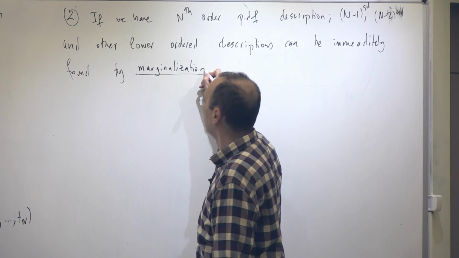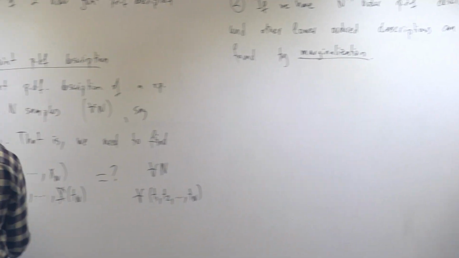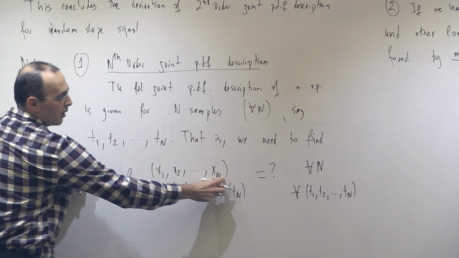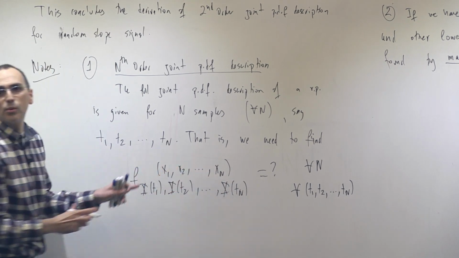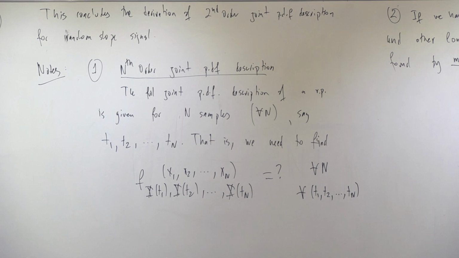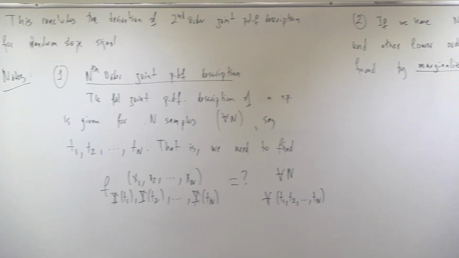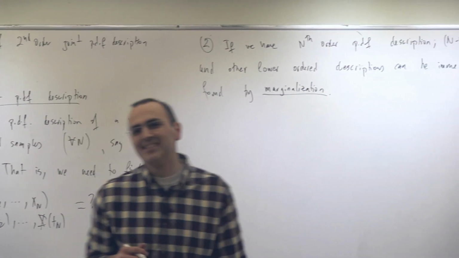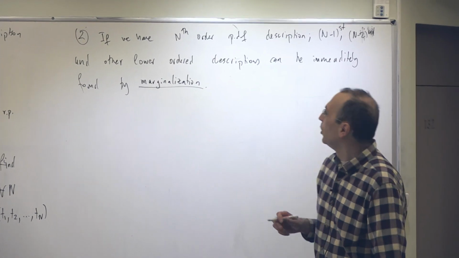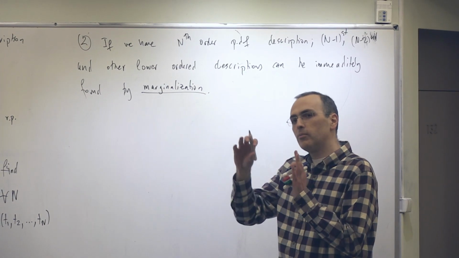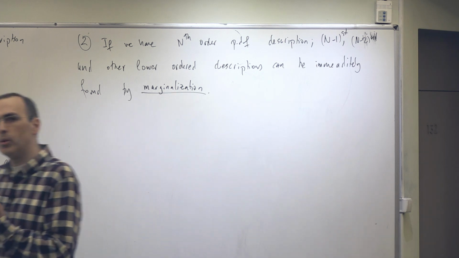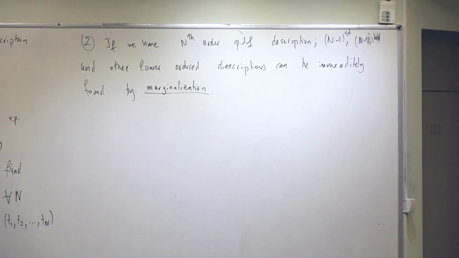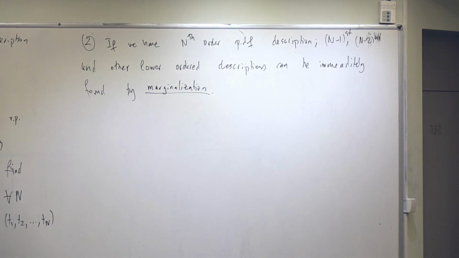Am I right? Because if you know this, if I integrate this over xn, the last variable, I get rid of that, so I get the n minus first order description. Okay? So this is good. So from smaller ones to the bigger ones, we do the conditioning because it helps us. I'm taking into account what we know earlier. But if you know somehow the nth order description, this is good.